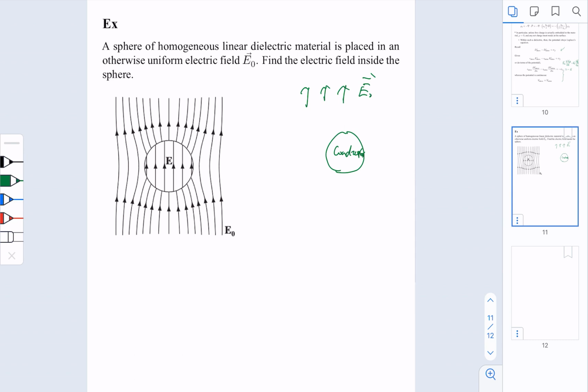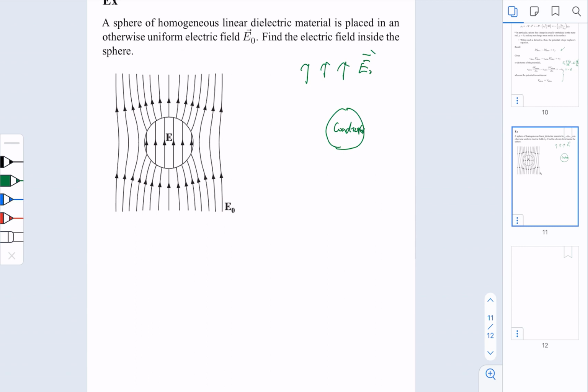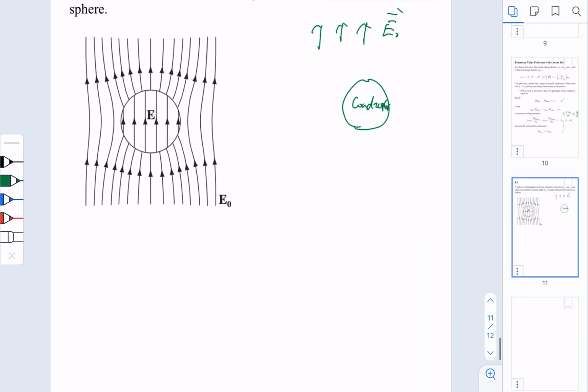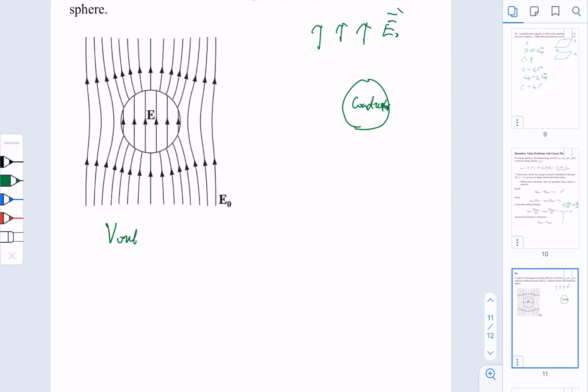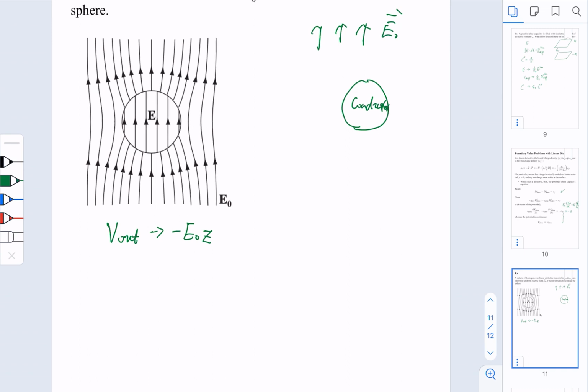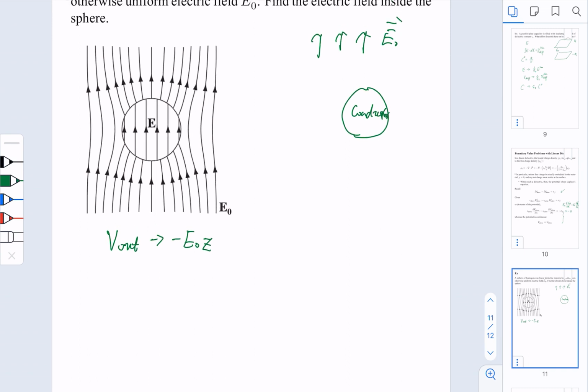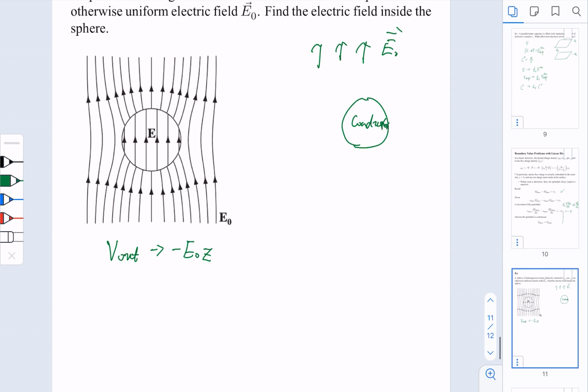So the boundary conditions, if you still remember, outside should be: because the E field is the gradient of V, to produce an E field that's along the Z-axis, V must be minus E naught Z, and in spherical coordinates Z is simply R cosine theta.